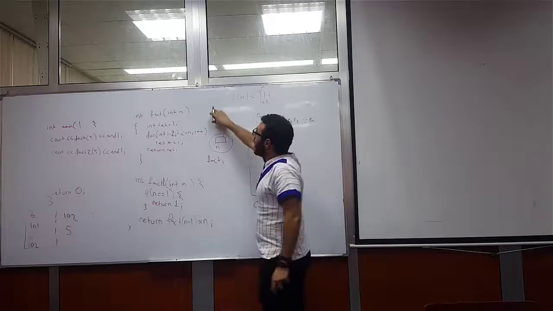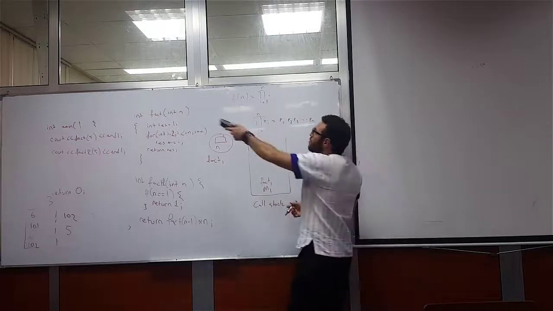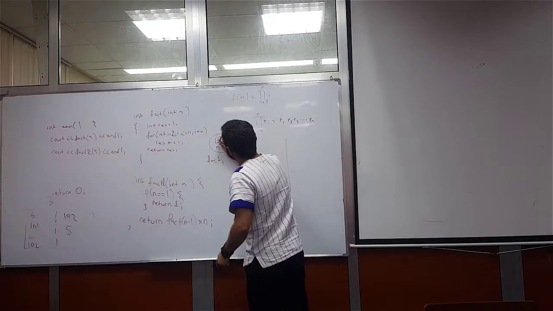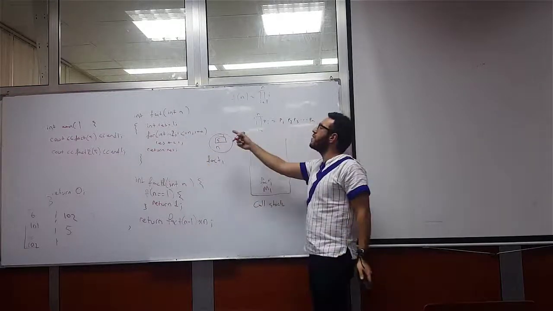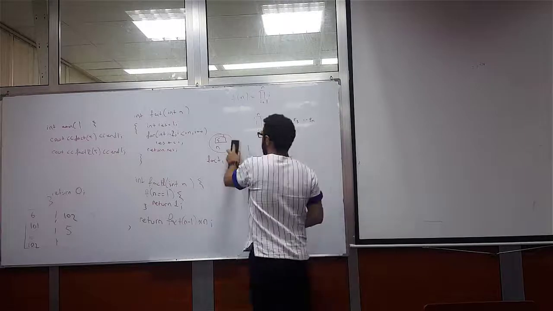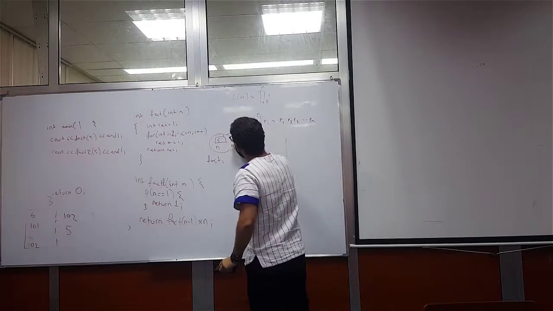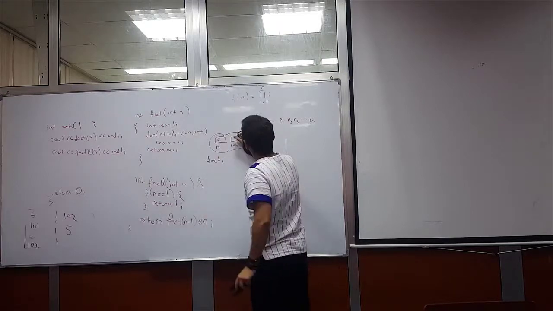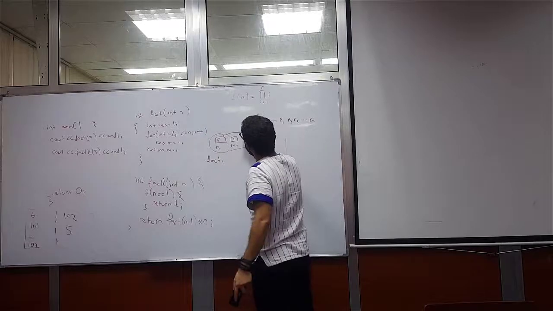And n is a primitive type, so what's going to happen is we are going to copy the value. So this is going to have 5 in it. And as we continue execution, we are going to meet with another variable, which is res. So let's make it a little bigger. So we have res here. And then res is going to have 1 in it. And then we have another variable, actually, i.